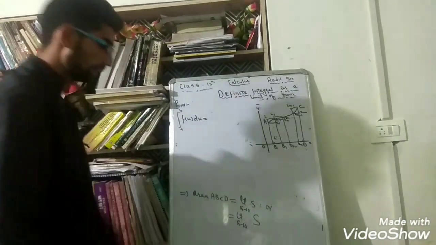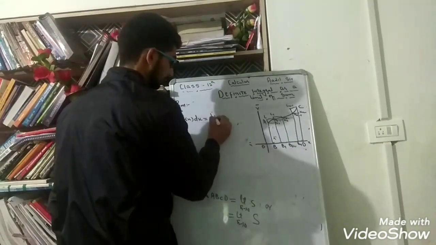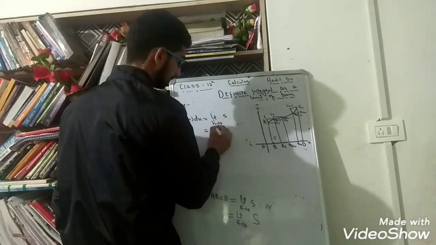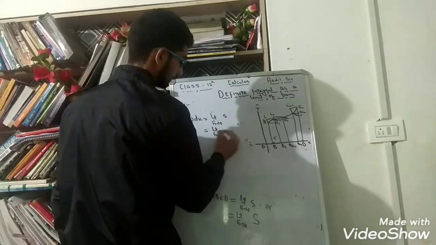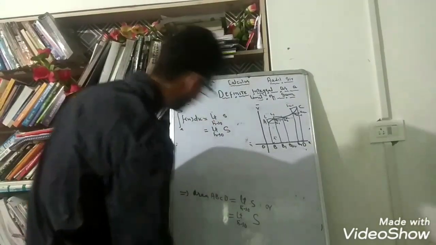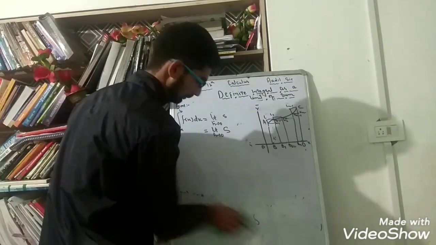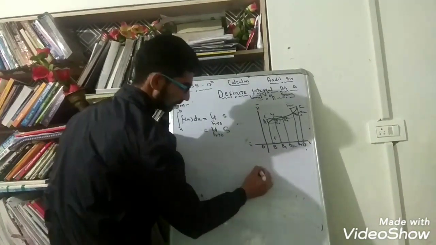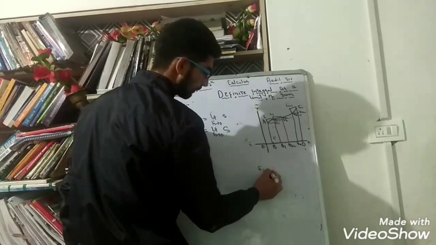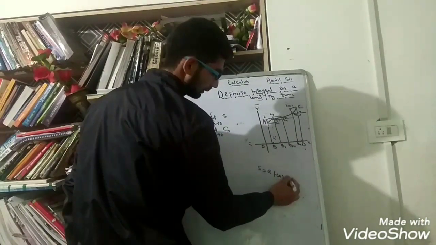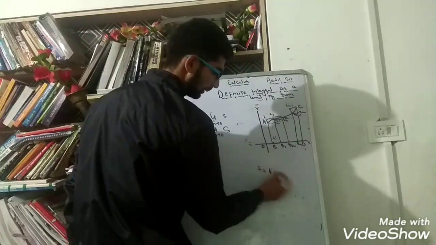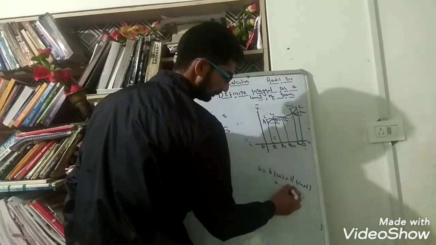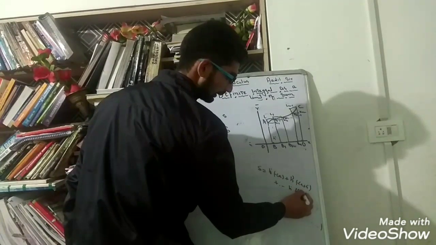Now it is equal to the limit as h tends to 0 of small s, and we got it also equal to the limit as h tends to 0 of capital S. We know that small s is equal to h f of a plus h f of a plus h, and so on, up to h f of a plus n.